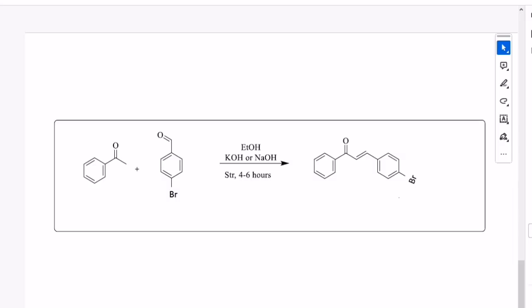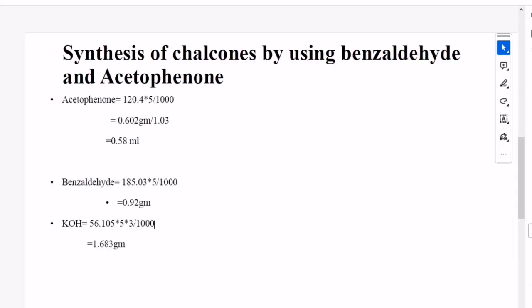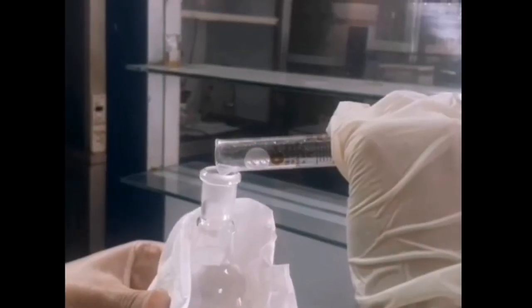First of all, I have to weigh the amount of KOH that I use in my reaction mixture, and as it is about 1.683 gram, I take 1.683 gram base in a beaker and weigh it.